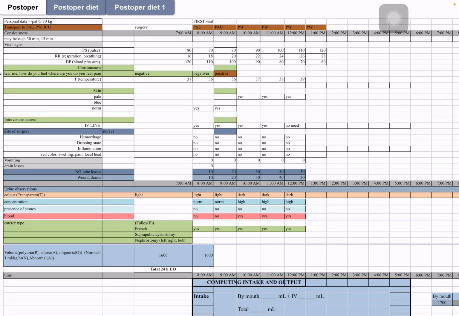So next you have to consider the temperature of the patient. In the first hour you can see it's reported as 37. Normally for a post-operative patient this temperature is normal, because he has undergone a surgery.